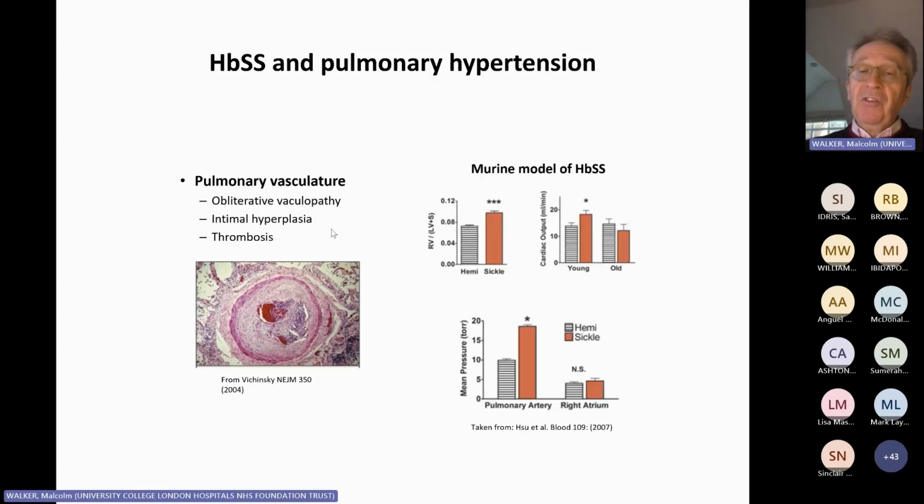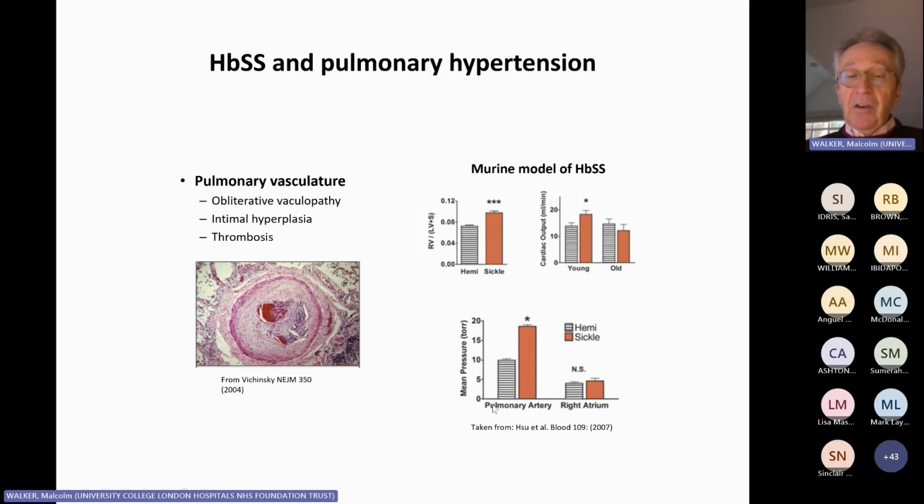And you can see this in mouse models of sickle, where you get changes in the right ventricle. The cardiac output initially increased, then as damage persists in the older animal, cardiac output falls.